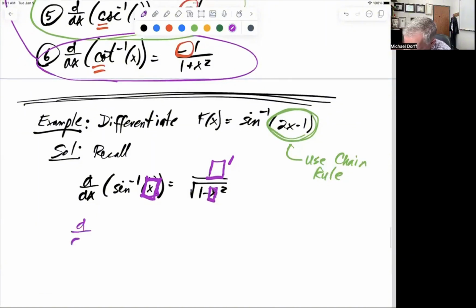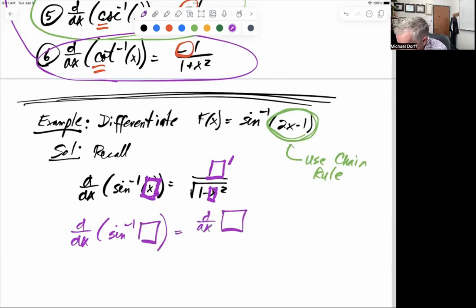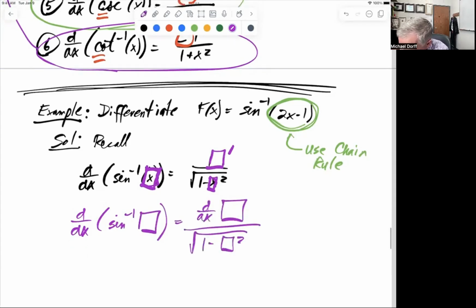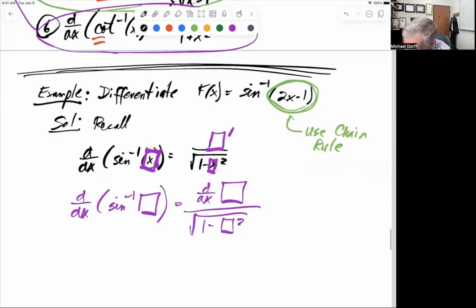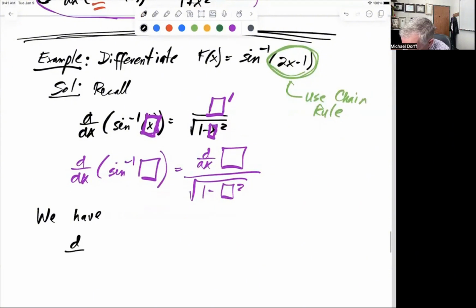So let me rewrite that. If I have the inverse sine of box, the derivative is going to be the derivative of box over the square root of 1 minus box squared. In this particular case, we have the inverse sine of our box, and what's inside our box is 2x minus 1.